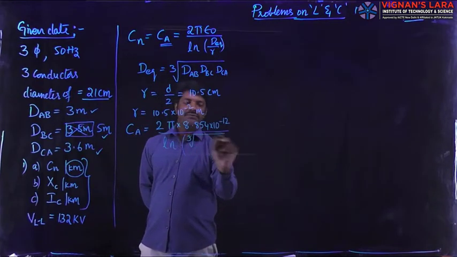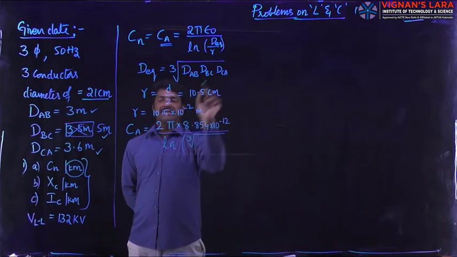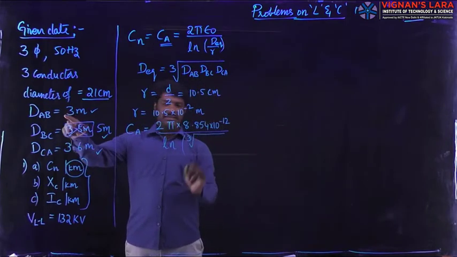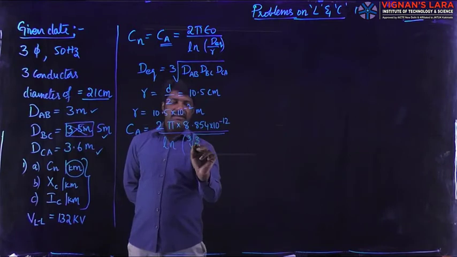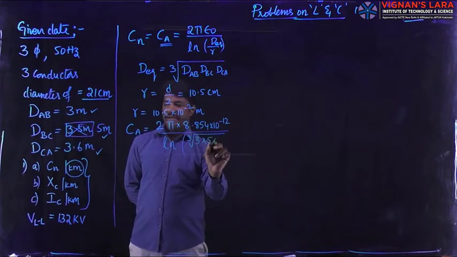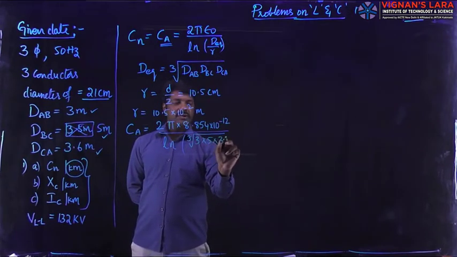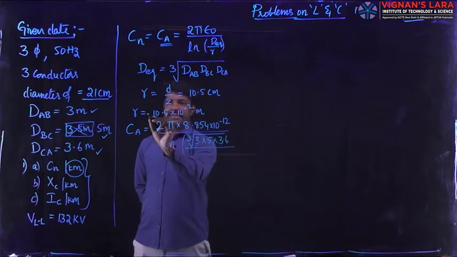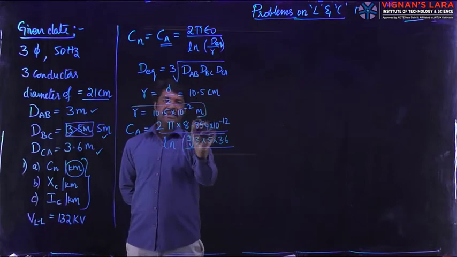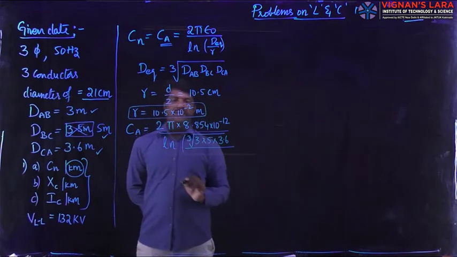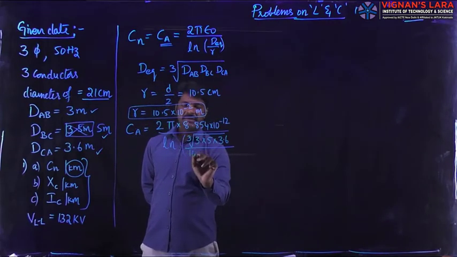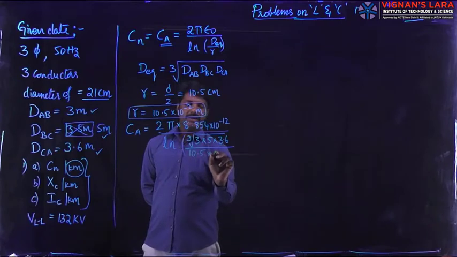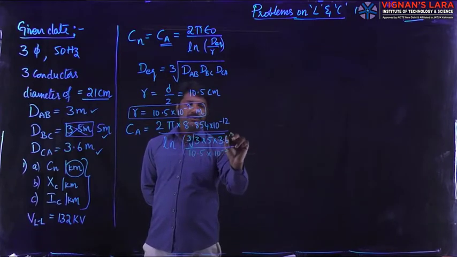It is the cube root of the product of the three distances: 3 multiplied by 5 multiplied by 3.6, as the numerator, divided by R, where R is the radius. This was the radius, 10.5 centimeters. Since I want to write it in meters, I am putting 10 power minus 2.